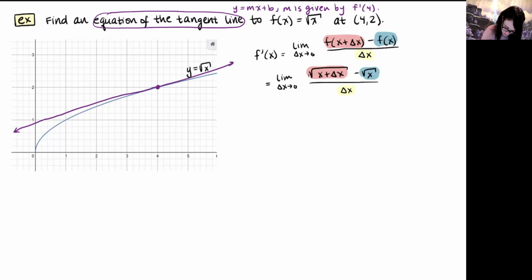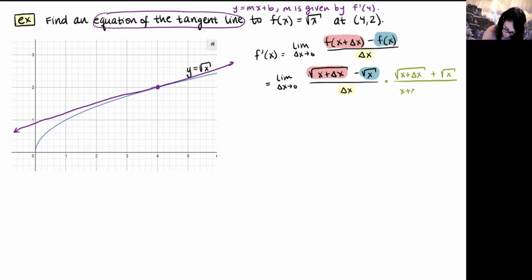Okay, so to multiply by the conjugate, it's really multiplying by the conjugate over the conjugate. So we look at the things that have the radicals, and we change the sign between them. So this will be radical x plus delta x, and then not minus but plus radical x.